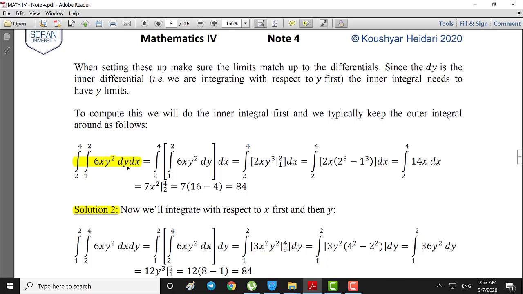So, integration from 2 to 4, integration from 1 to 2 of 6xy² dy dx is equal to the integration from 2 to 4, and here we have dx of the integration from 1 to 2 of 6xy² dy, right?